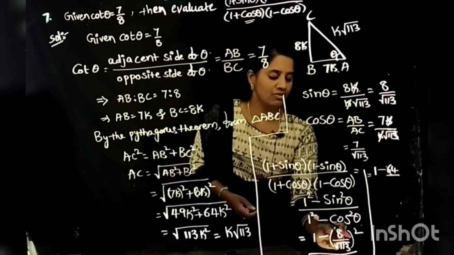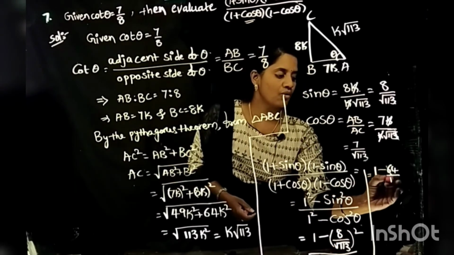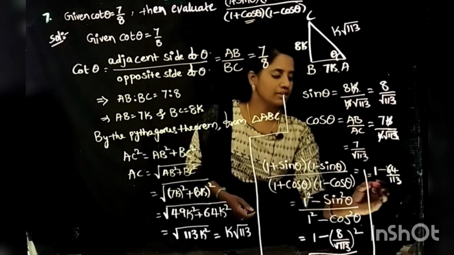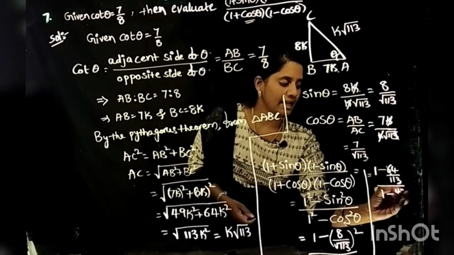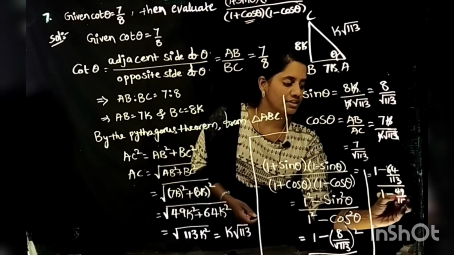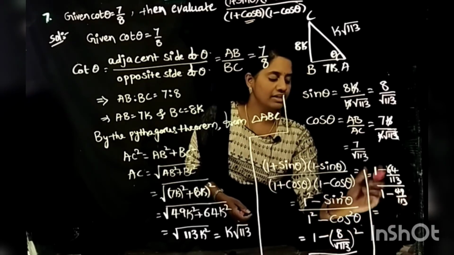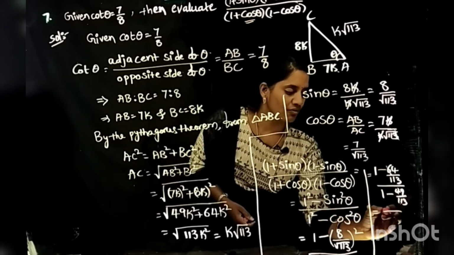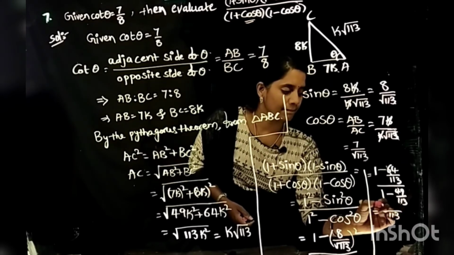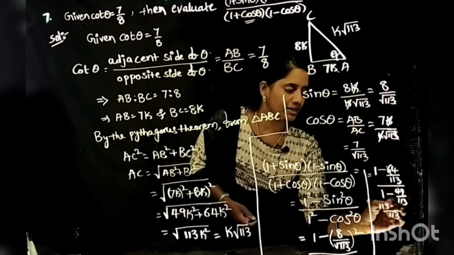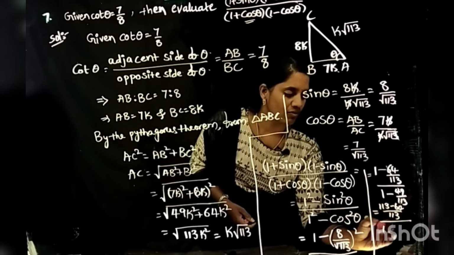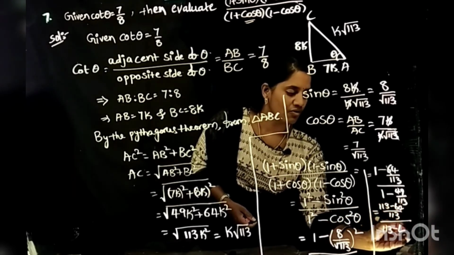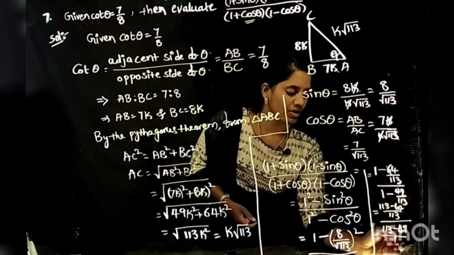Root of 113 whole square is only 113. By 1 minus 49 by 113. Here we are taking the LCM. 113 minus 64 by 113, by 113 minus 49 by 113.